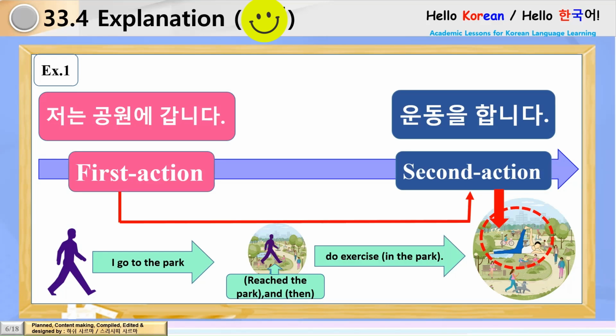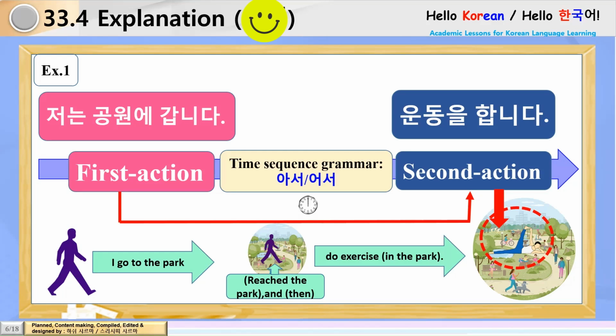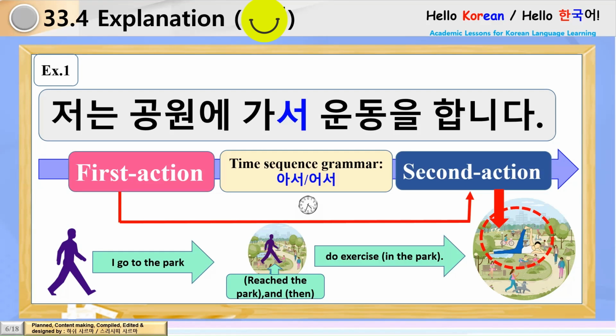As these two actions are connected with each other, we can combine them with the grammar 아서/어서. And then it will be 저는 공원에 가서 운동을 합니다. 다시 한번, one more time. 저는 공원에 가서 운동을 합니다.